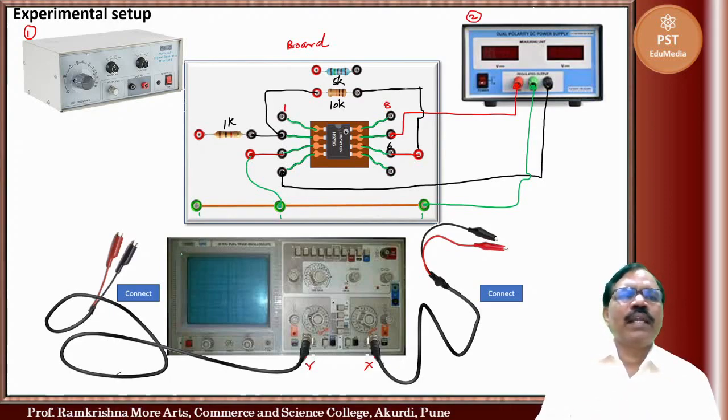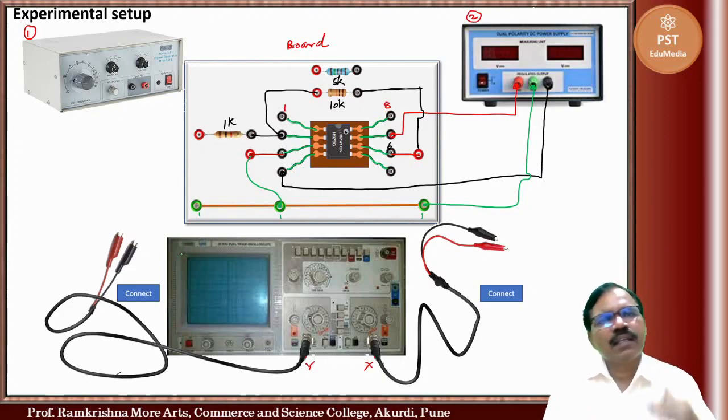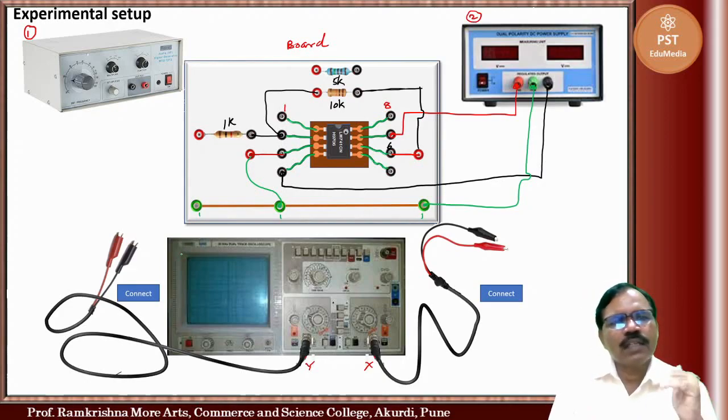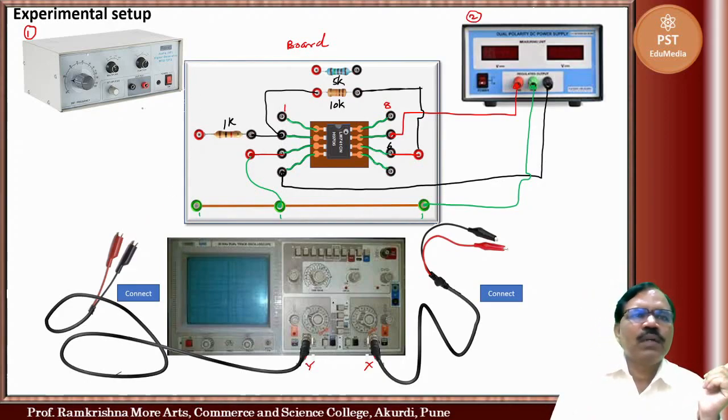Now we have to connect the input between R1 and ground. Here we have the function generator. This one we have to take and connect to resistance R1. I will take another wire.